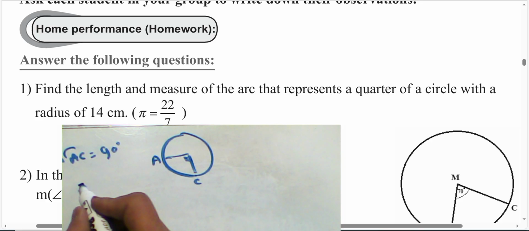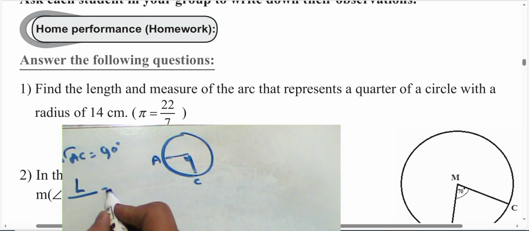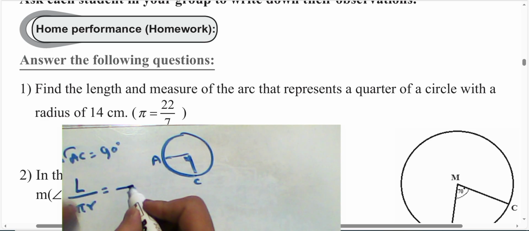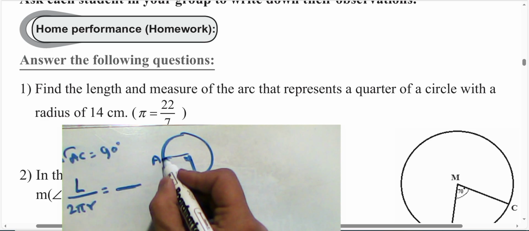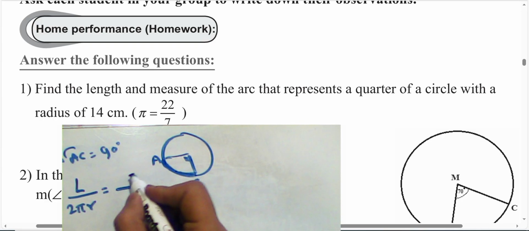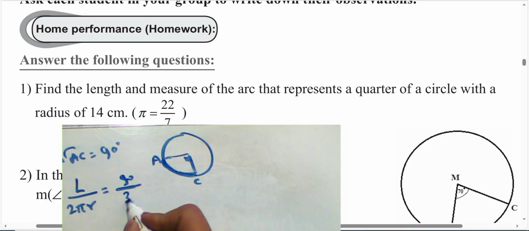We have the ratio between the length and the perimeter, 2πr, equal to the measure of the arc over 360, here 90 over 360.